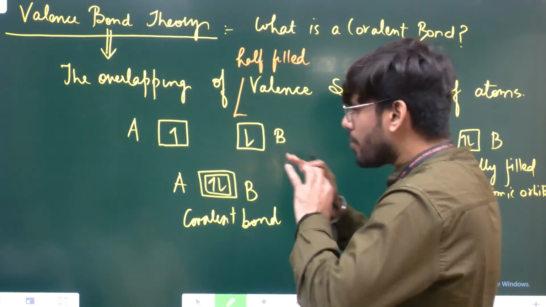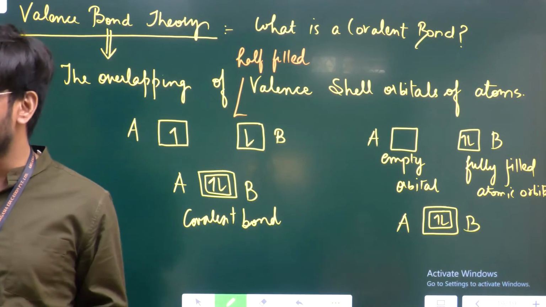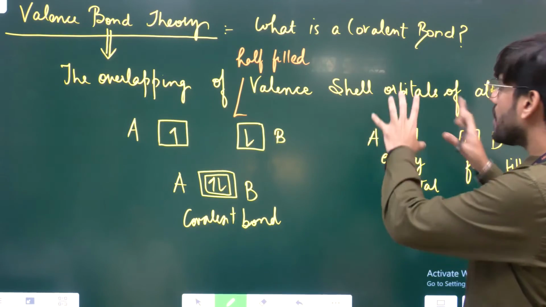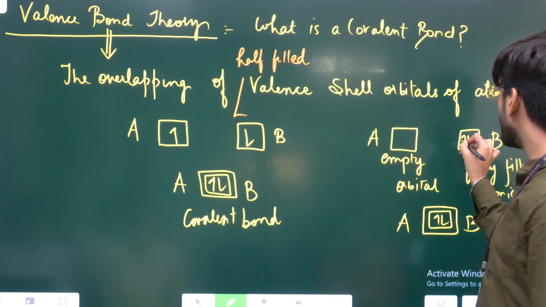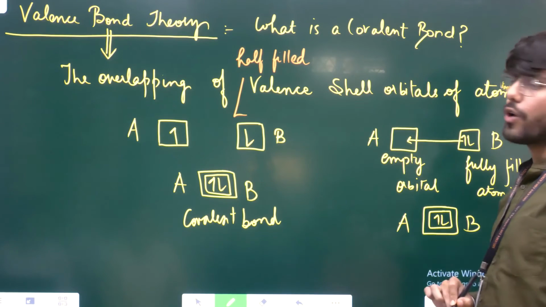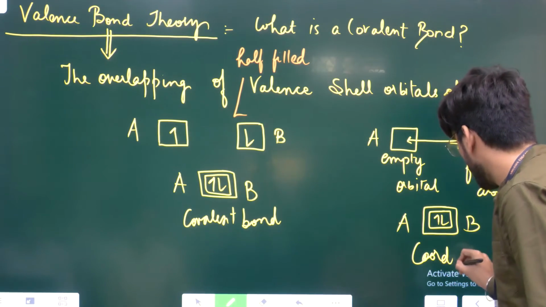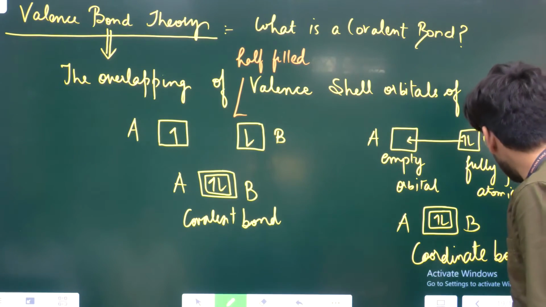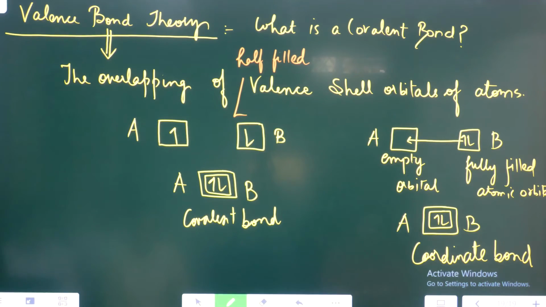Like I told you, once the bond is formed, it is formed. No one is going to ask you whether it is covalent or coordinate. Neither can you tell. But it is just the way of forming a bond. So see what I say, that these two electrons are donated into the empty orbital of this atom, right? And this is basically a coordinate bond. But a bond is a bond. Once it is formed, it is formed. Clear? Is it clear? Yes.